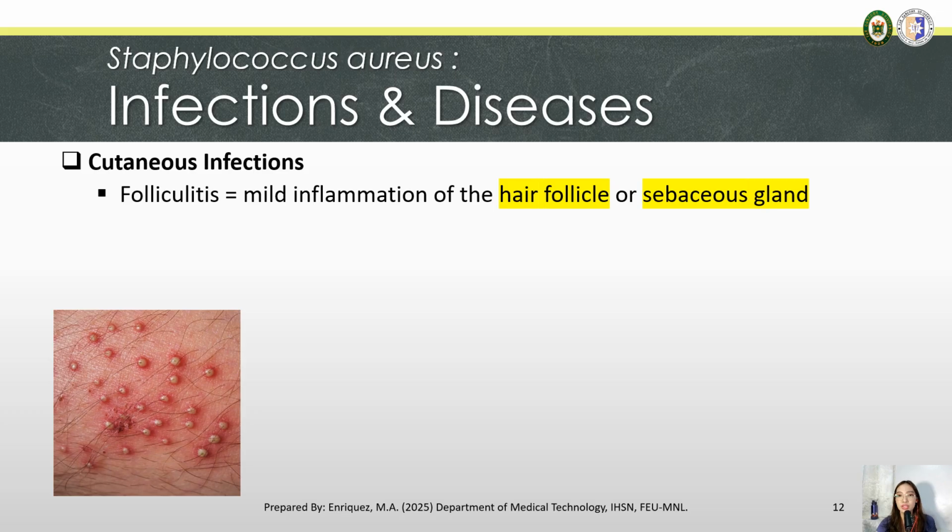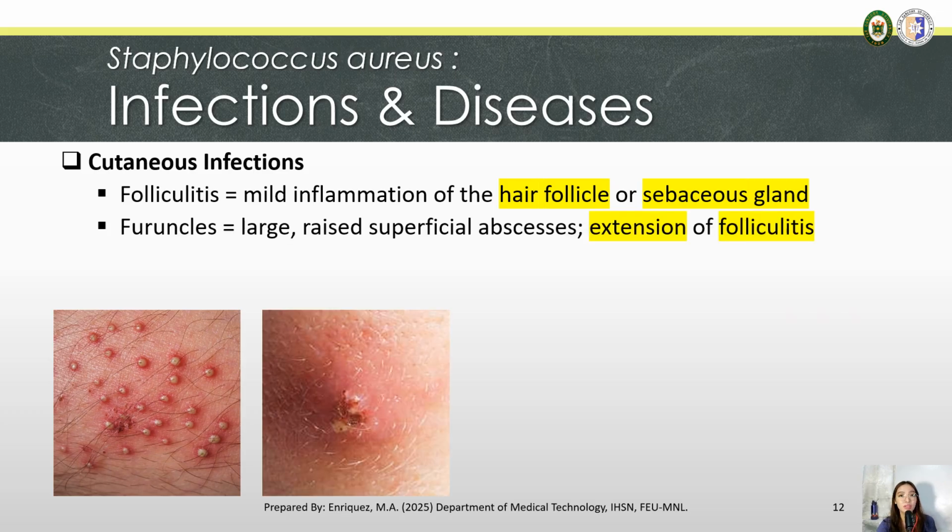Let's compare that with a furuncle. So furuncles are large superficial abscesses that are an extension of folliculitis. So dito po, multiple hair follicles or multiple sebaceous glands in one area that are infected have joined together into one abscess. As we can see here in the second photo, hindi na natin ma-point out yung individually infected hair follicles, unlike here in the first photo.